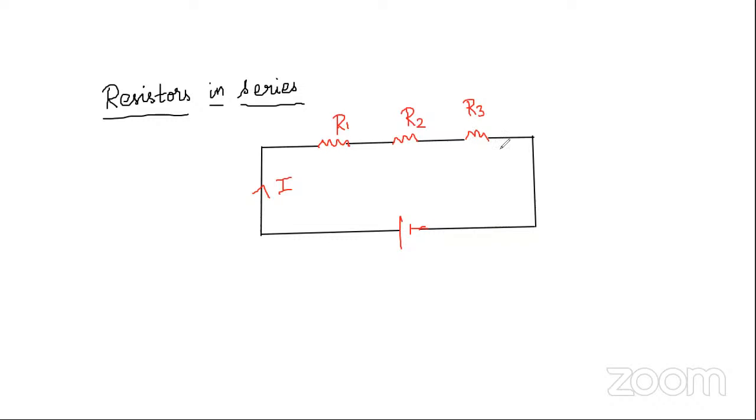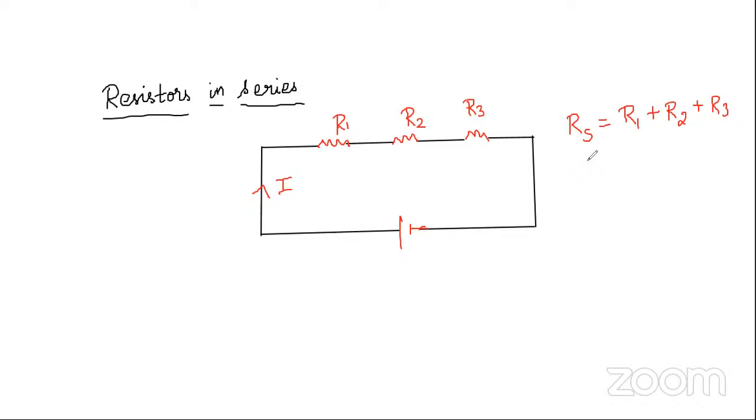So in this case, what is the total resistance of this combination? That is represented as R suffix S, that is equal to R1 plus R2 plus R3. When the resistors are connected like this, head to tail arrangement, you simply sum all the resistance values and obtain the total resistance.